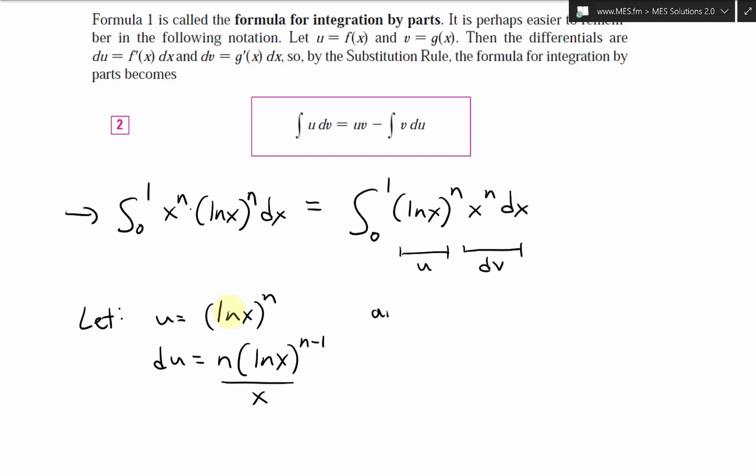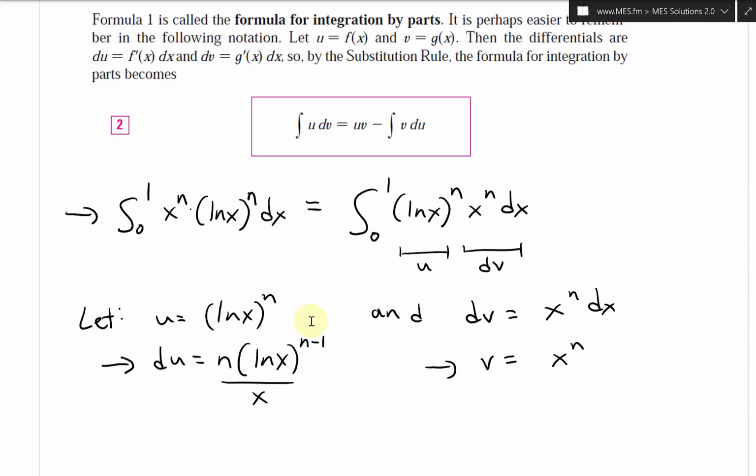And so we let dv equal x^n dx, so that the integral of it becomes v. Let me write the integral of dv, just to show that off, for completeness. Then v equals the integral of x^n, which is x to the n plus 1 divided by n plus 1.